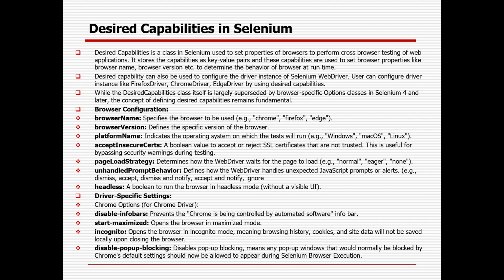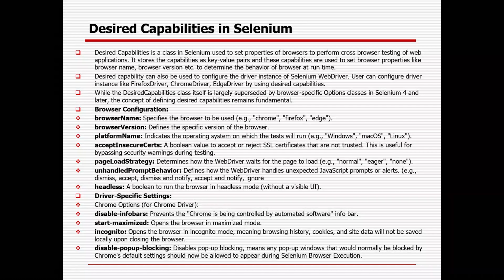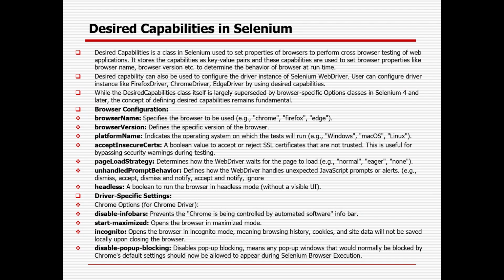With this option, we will configure the browser as well as driver specific settings, and then using those options we will create the instance of the WebDriver interface using the respective driver, and after that we will proceed with the remaining execution. So that is the way we can control the browser and driver configuration settings both.